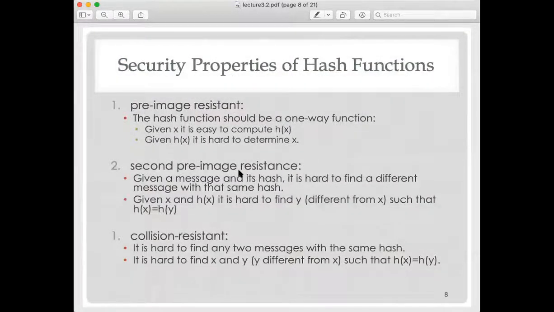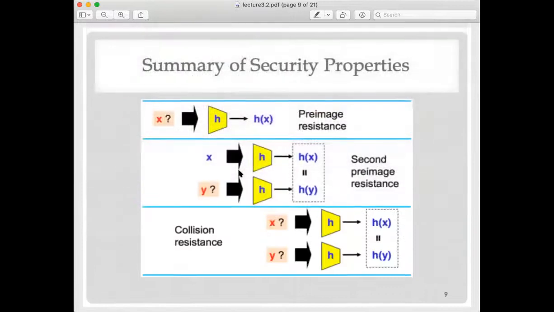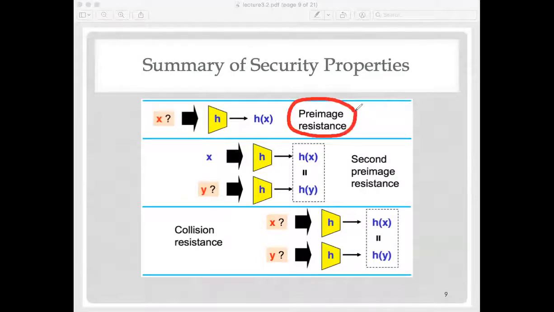Security properties are the following three. This is their description, but let's take a picture. This picture gives you a better description of those properties. So property number one is called pre-image resistance. بمعنى إذا أنت عندك h of x, you cannot get back x.